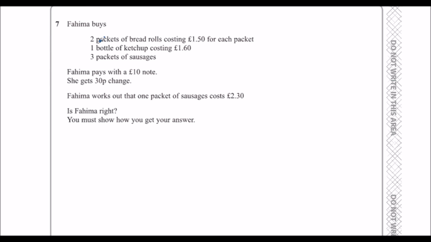It doesn't matter where we start really. She's got 2 packets of bread rolls costing £1.50 each, so 2 lots of £1.50. That's £3. So her bread rolls cost £3.